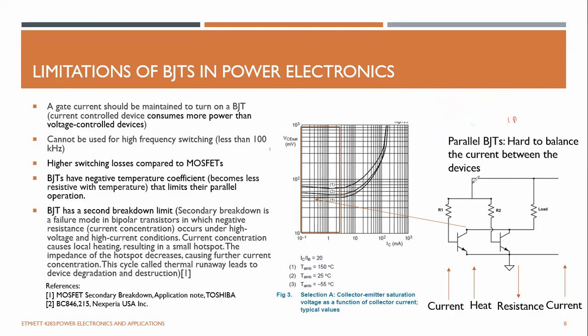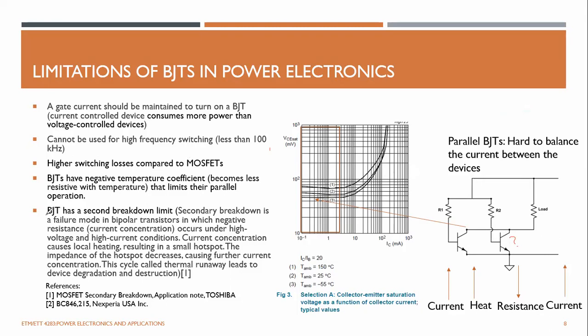But in BJTs, due to this negative coefficient, if one guy starts with a large current, most of the current will go through this guy, and this guy literally does nothing, just staying here and not doing any job. So that is really undesirable when you parallel transistors. Is that clear? I hope that is clear for everyone. If you have any questions, you can ask.